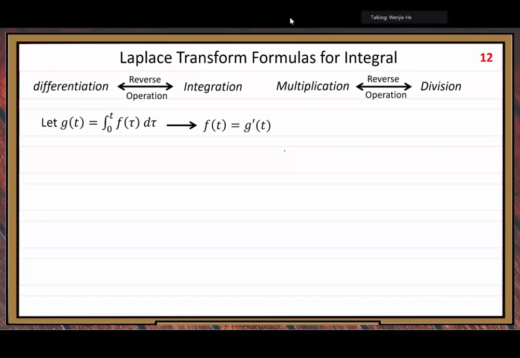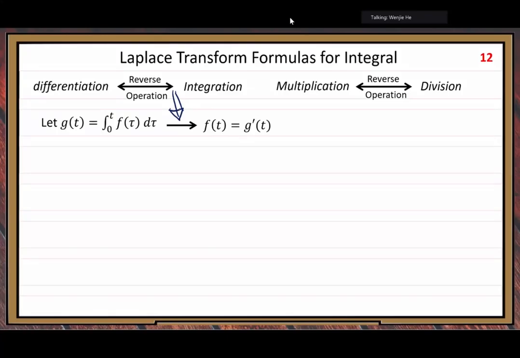Then this is our definition, but after this definition, we can see the f function is just the g prime function. Can you see that? They are inverse operations of each other.